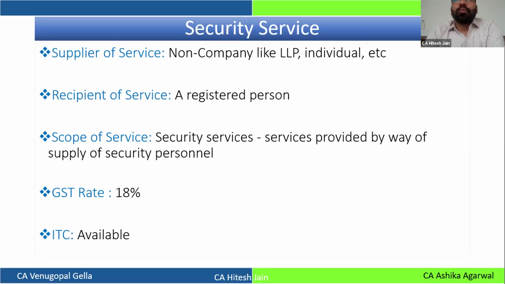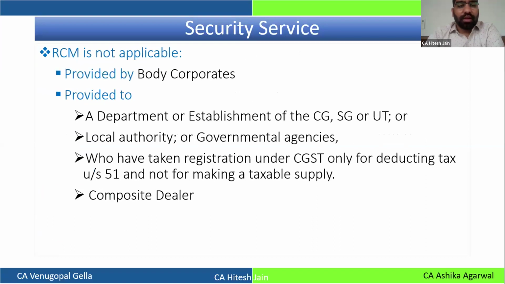Only supply of human personnel is under the scope of RCM. And what is the rate at which we need to discharge the tax? It is 18%.